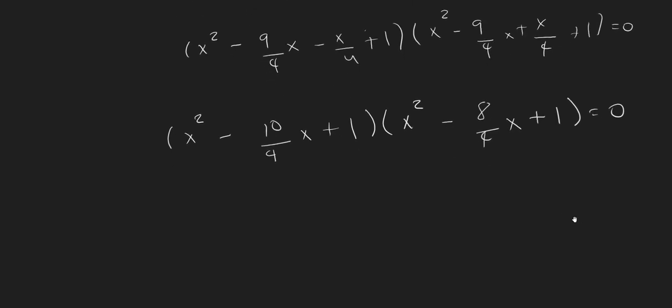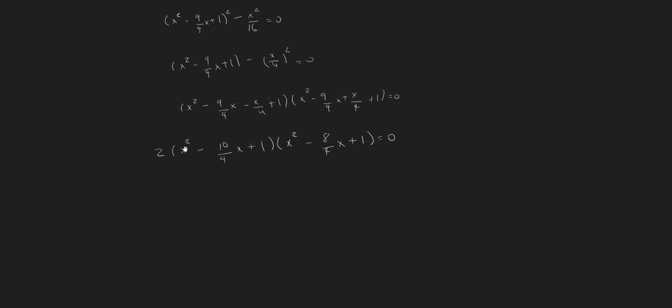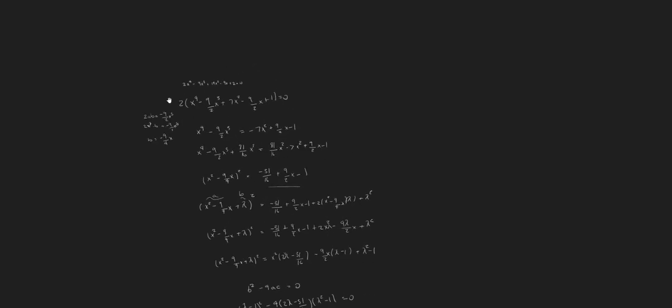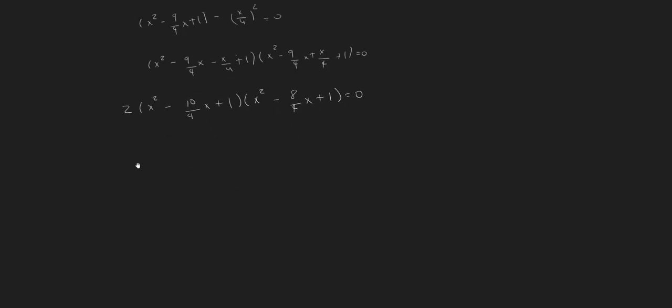So now let's factor in the 2 again. Remember that original 2? Let's factor that back in. Do you remember this original 2 we had right here? We're going to factor it back in now. So now we get 2x squared minus, with anyone who can do this, 20 over 4 is 5, so 5x plus 2, and then we get x squared minus 2x plus 1 equals 0.